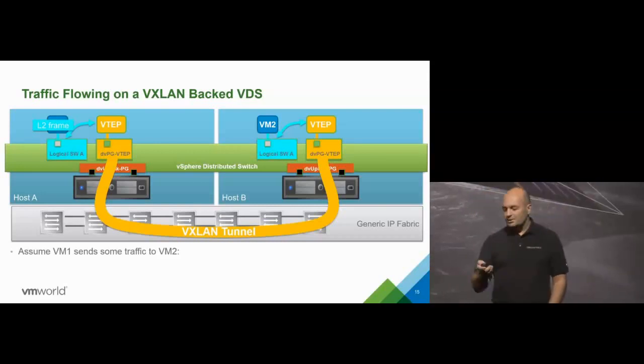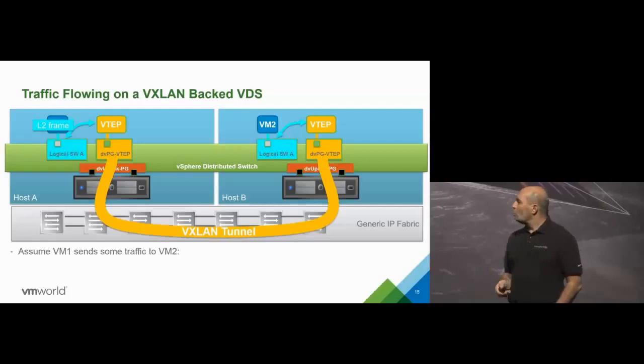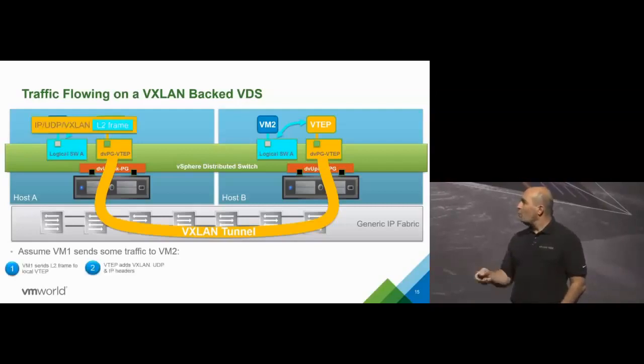First this frame goes into the local virtual switch of the host, and it is forwarded to the VTEP that is local to this host, which encapsulates it into IP. The VTEP locally knows that the MAC address of VM2 is associated to an IP address on host B. You have a lookup in a table that has been pre-populated by our controller.